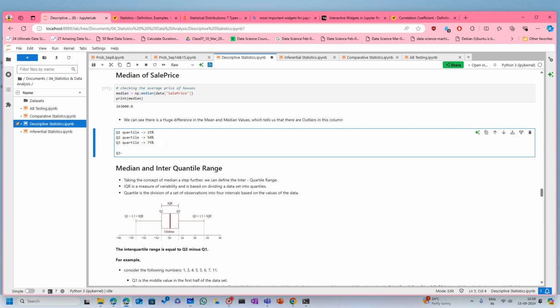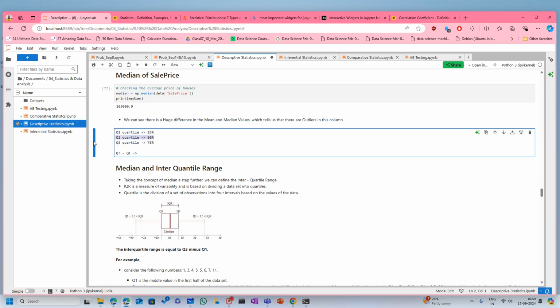Q3 minus Q1. Now don't say why calculate Q3 minus Q1, you can directly take Q2, 50%, because 75 minus 25 is 50%. You don't ask such questions. Why? Because, very simple, these are percentage values, these are not direct values. If they were exact numerical values, then what you say would have been correct.